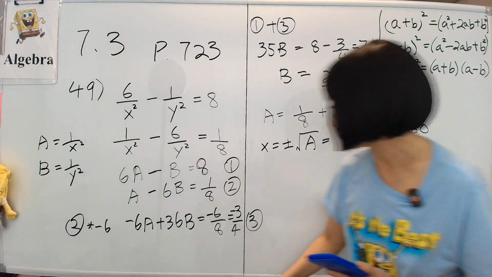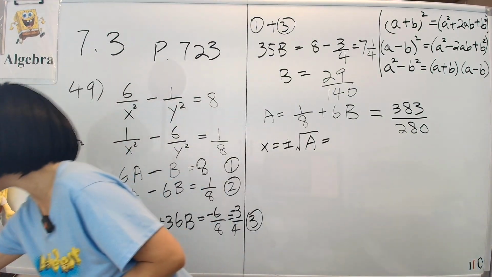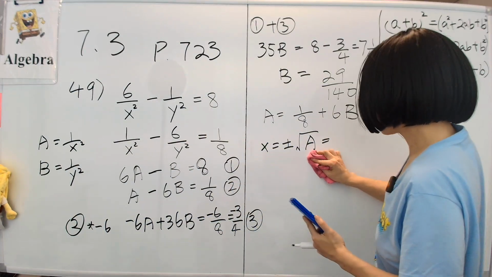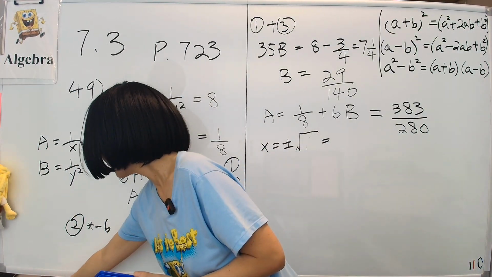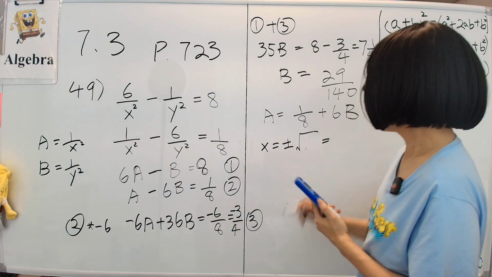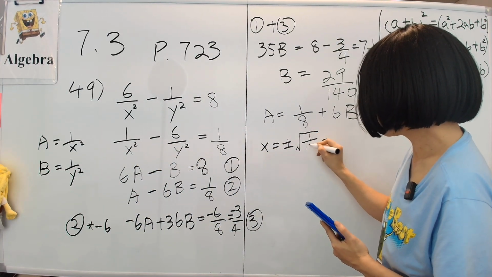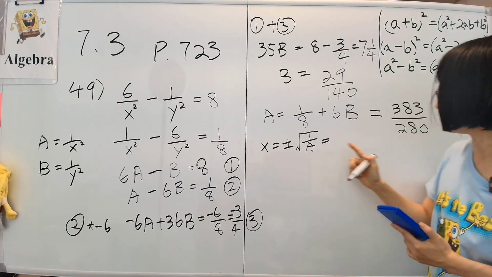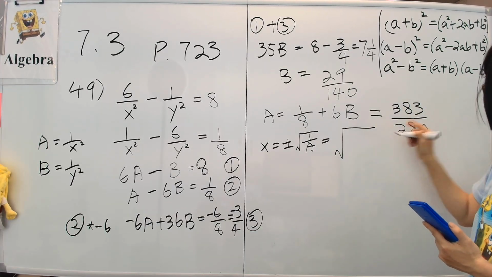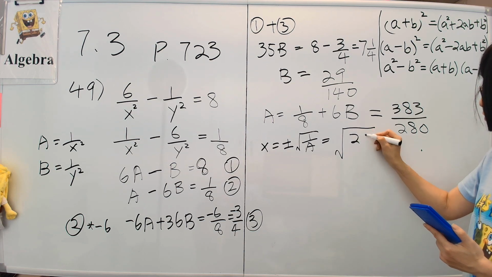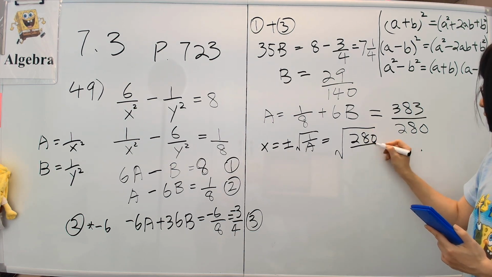It's plus or minus 1 over square root of a. So 1 over square root of a. And that 1 over square root of a is the square root of, we flip this thing around, square root of 280 divided by 383.